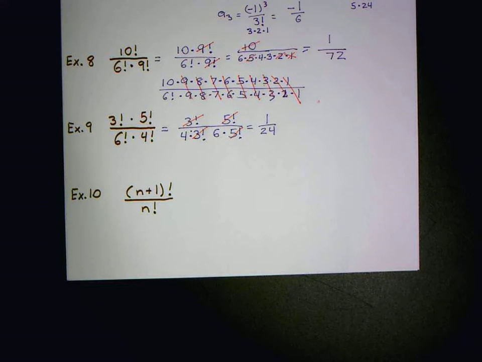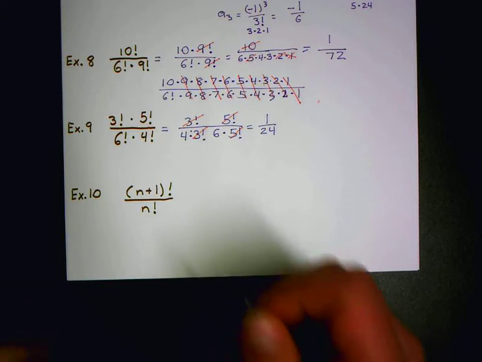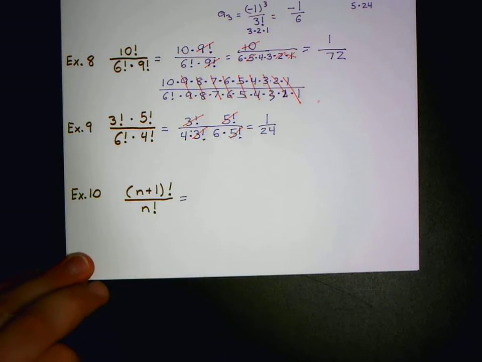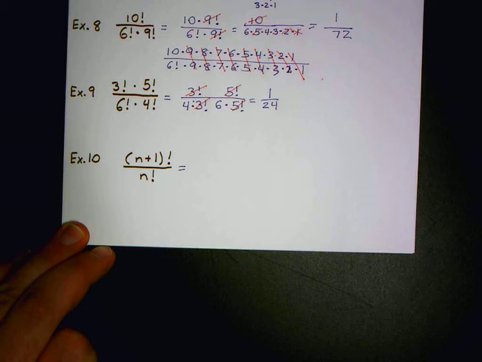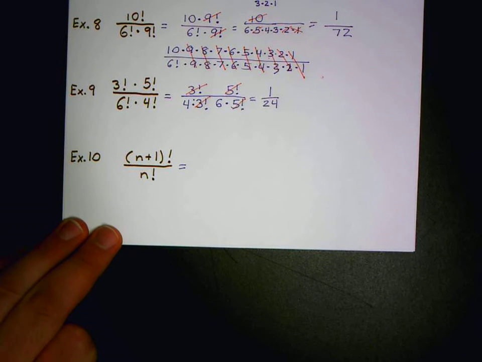Okay, so how about 10? Nope. The numbers that cancel out can cancel anywhere, top or bottom. It just happened to be that I was canceling out numbers from the top.